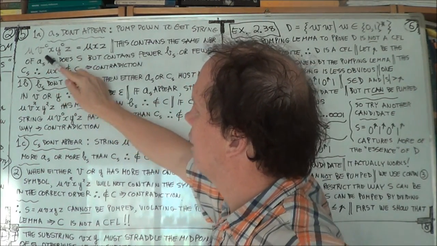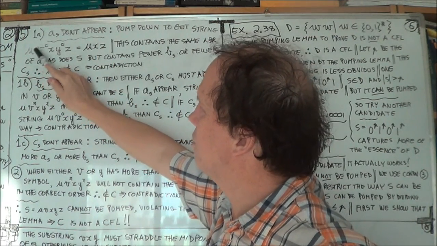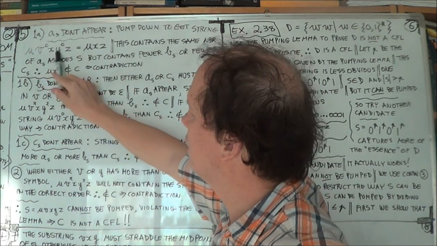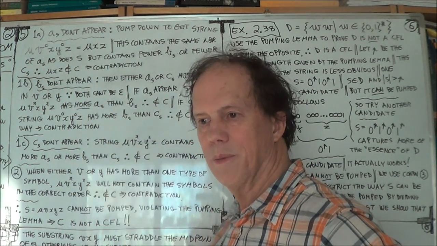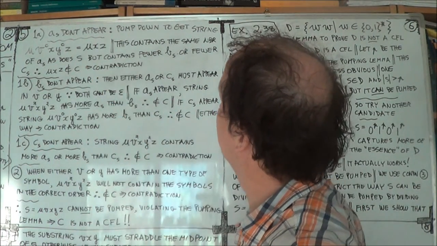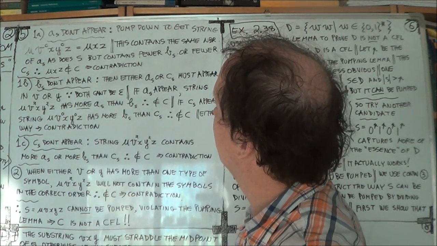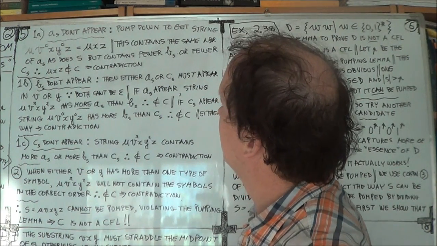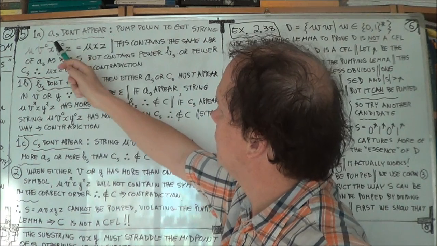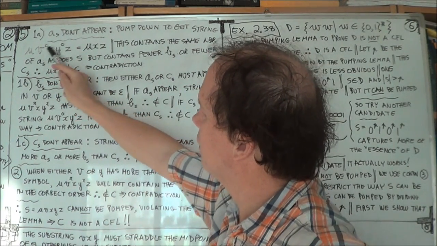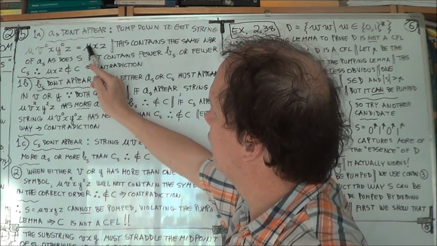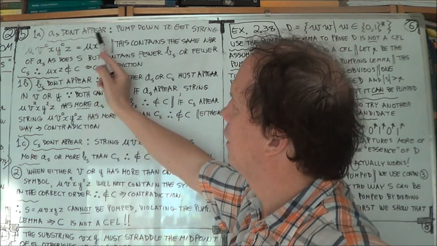So your original string S, which was UVXYZ, now just becomes UXZ, because you've pumped the V and the Y down. You've removed them. You've made them the empty string. So this is what you've got now. Alright, so now there are no A's here or here, let's say. So the number of A's won't change.